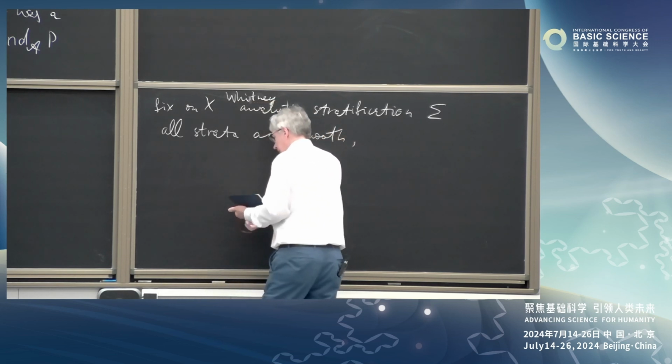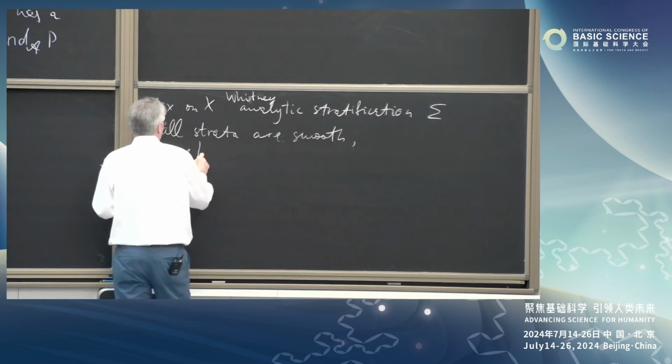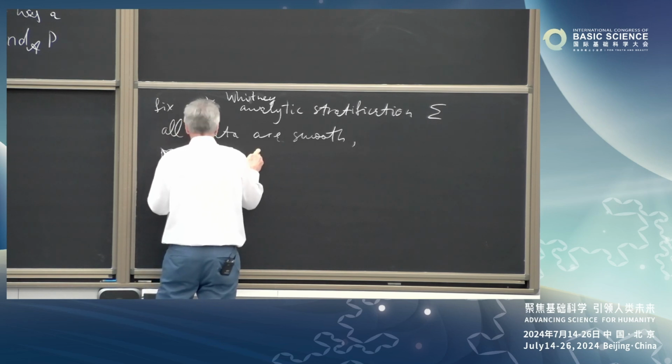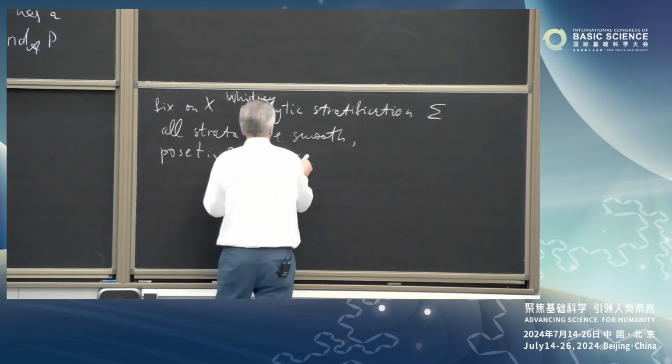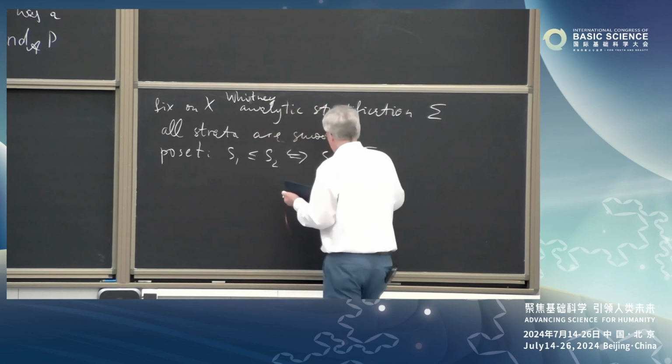And we put a partial order on the strata: one stratum is less than or equal to the other if and only if S1 belongs to the closure of S2.